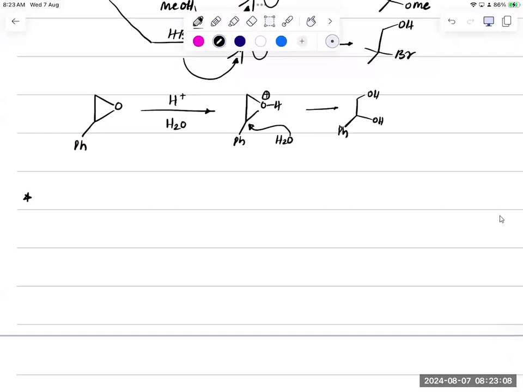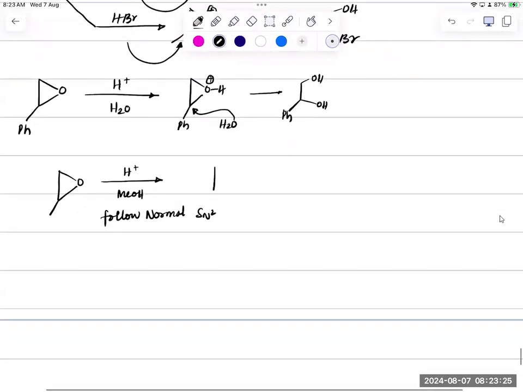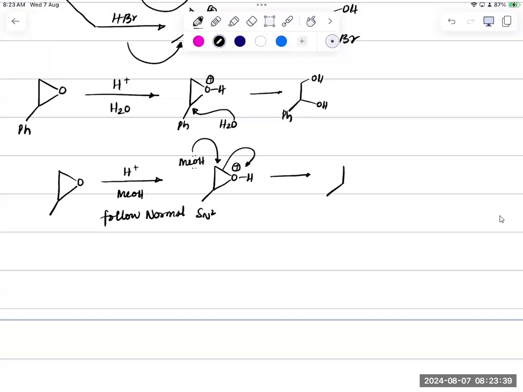But when it is only one methyl, in that case, follow only normal SN2. So first you make a protonation, H plus, then methanol is added on this position by breaking this. What do I get?